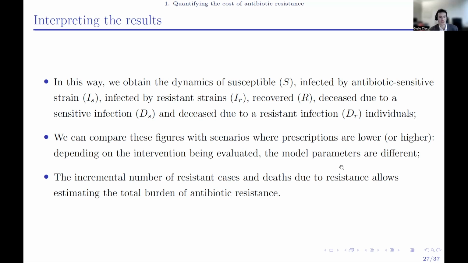And so it's very useful because if we want to evaluate a project that aims to reduce the prescription rate of specific antibiotics, we can see the effects in the future. And doing that with the comparison between the IS and IR, we can see the incremental number of resistant cases. And so we can have this incremental approach that, as I said, is very important in health economics.